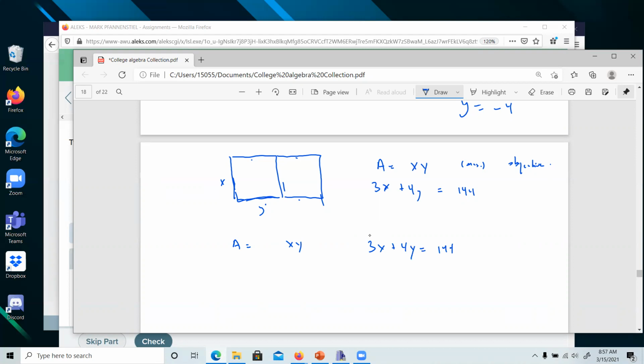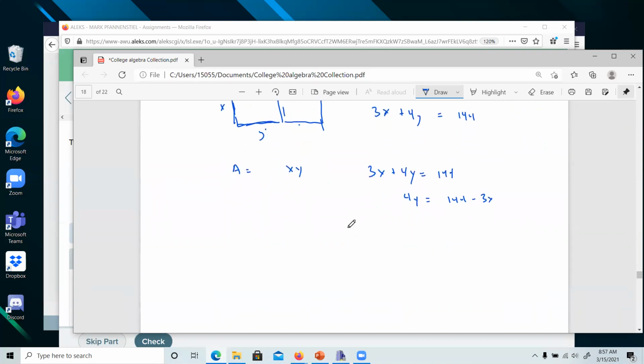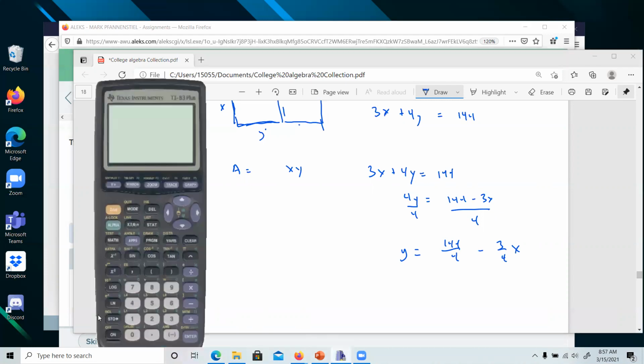All right. So why don't we just do it this way? We'll say 4y is equal to 144 minus 3x, right? Let's put this to the other side. And then what we're going to do is divide by 4 here. All right. So y is equal to 144 over 4 minus 3/4 x. I think 144 over 4 is an easy problem, right?